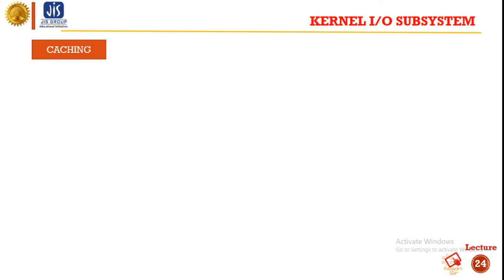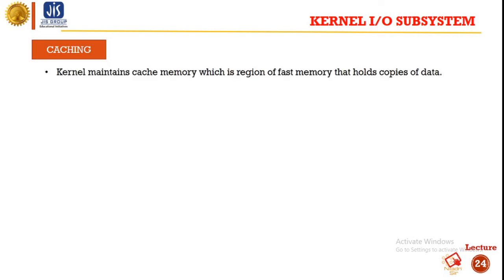Next one is caching. The kernel maintains cache memory, which is a region of fast memory that holds copies of data. Access to the cached copy is more efficient than access to the original.